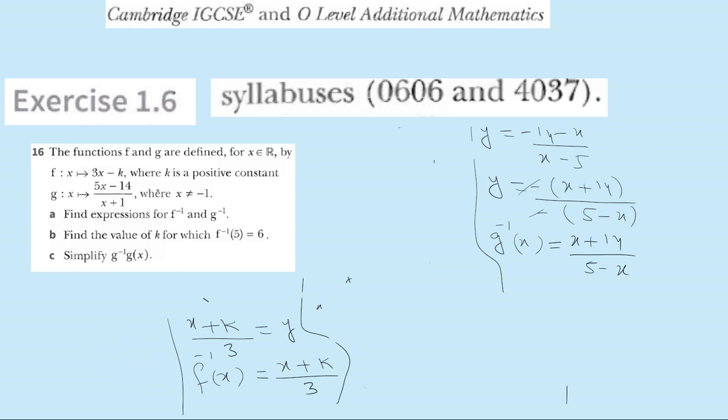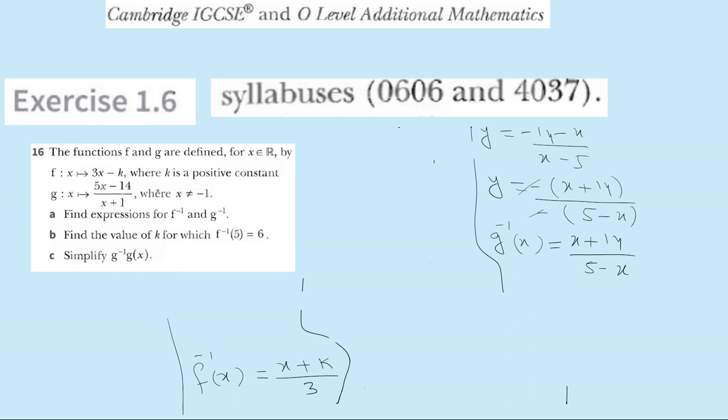Kindly wait. Rubbing always takes time. Actually, I want to leave the answer of f inverse and g inverse because this will help in part B.